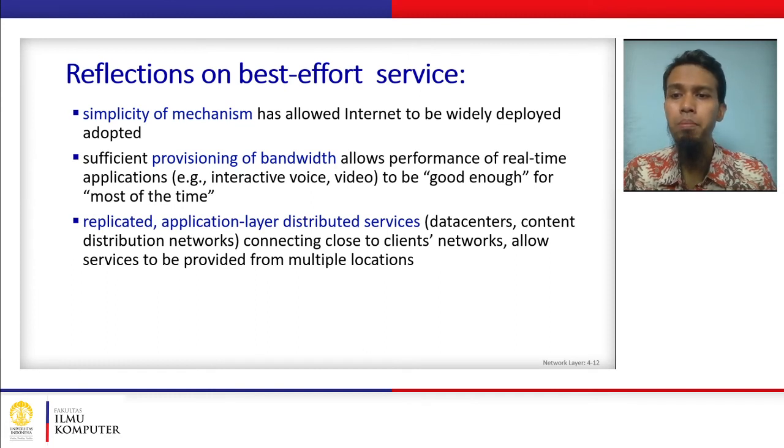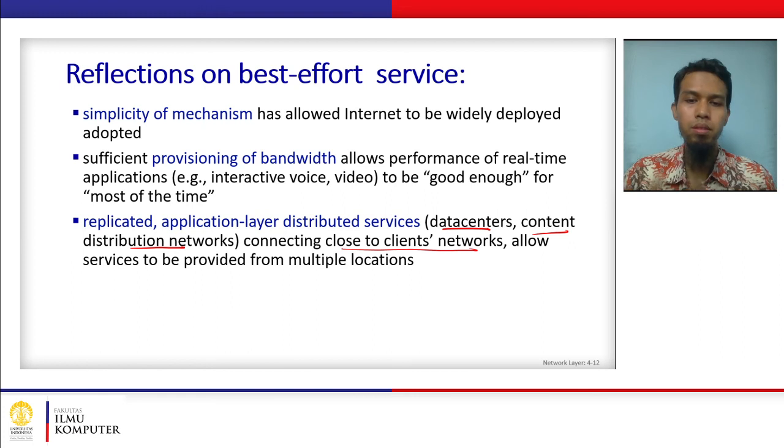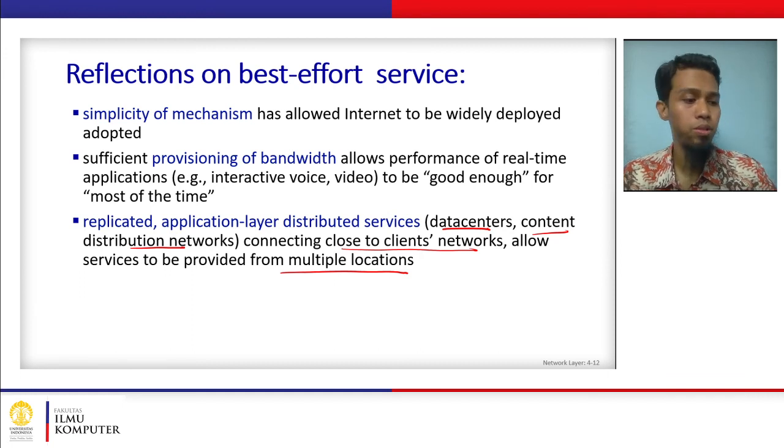Then this can be replicated at the application layer with distributed services, for example data centers and content distribution networks that connect close to the clients' networks. So we can provide services in multiple locations.